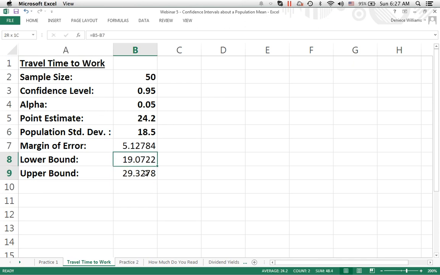So my final answer is 19.020722 and 29.3278. Remember, I have an interval, and these are the numbers that make up my interval.